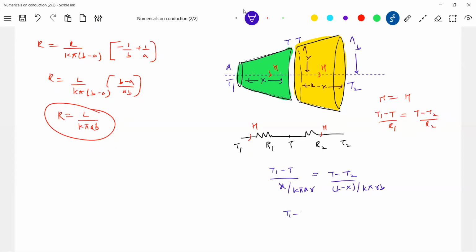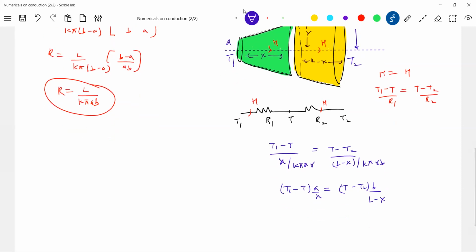This will be (T1 minus T) A by X equal to (T minus T2) B by (L minus X). Solving for T will give the required answer.